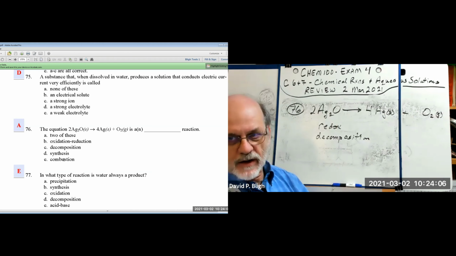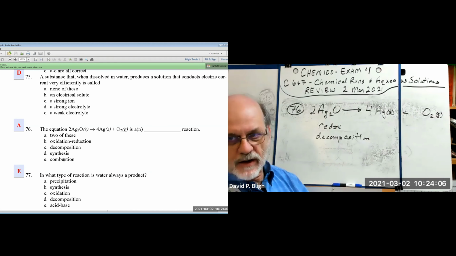Lead, and it's a 2+ charge, combined with nitrate, which is a 1- charge. So we need 2 nitrates. And that's an aqueous solution. And then combine that with aqueous sodium iodide. Sodium iodide, -1 and +1. That's balanced. And it's in solution.